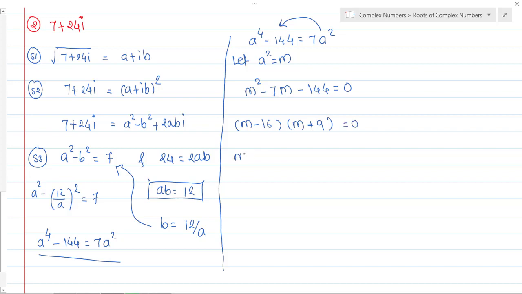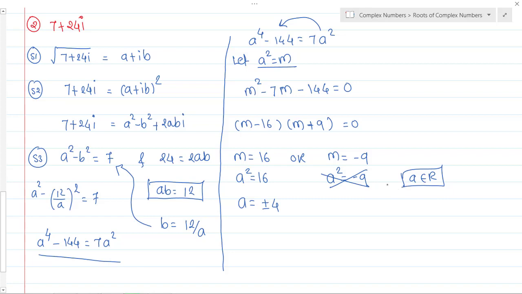So m equals positive 16 or m equals minus 9, and we have substituted m as a square. So a square becomes positive 16, so the value of a is plus or minus 4. On this side, a square equals minus 9, which is absolutely not allowed because a is the real part.